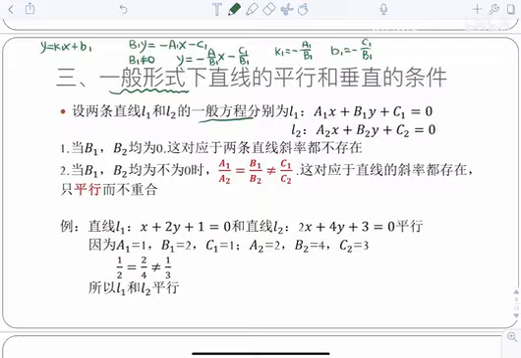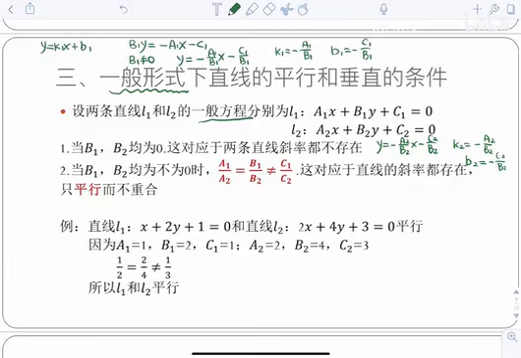Like this one, for L2 you can change it to y equals minus A2/B2 x minus C2/B2. So K2 will equal minus A2/B2 and b2 will equal minus C2/B2.